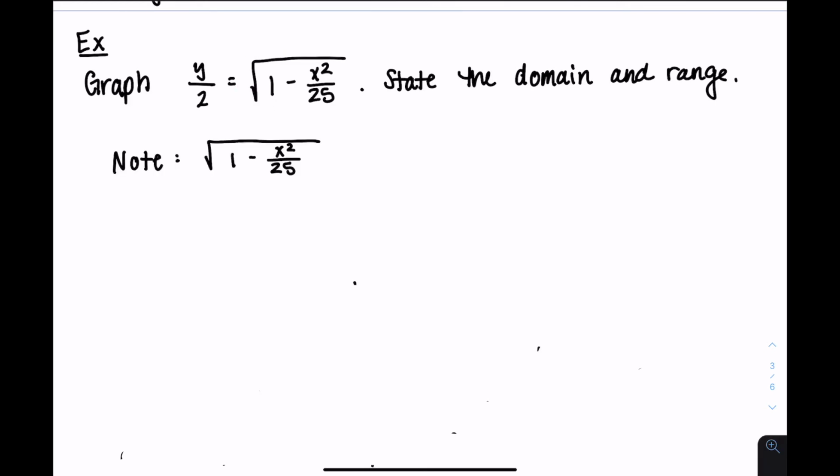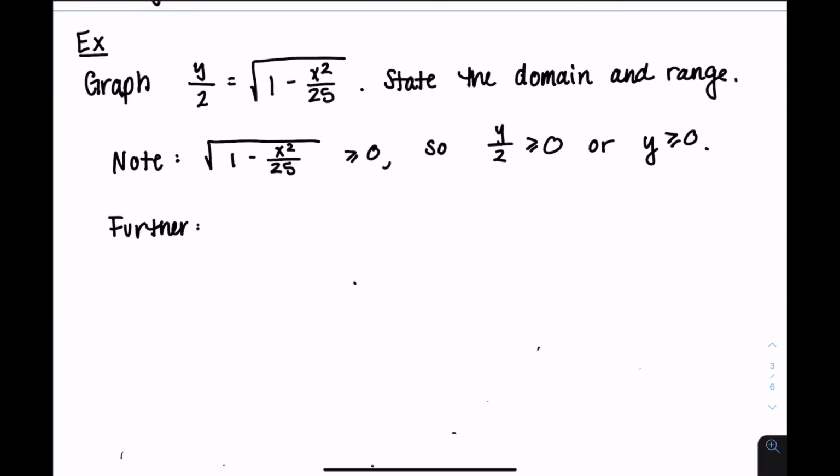And one thing that's special about square roots is they're always greater than or equal to 0. So really, our y value being that square root gives us that y over 2 has to be greater than or equal to 0, or really, I only care about y being non-negative. So I'm not going to get a full ellipse from this. I'm only going to get a portion of it instead.